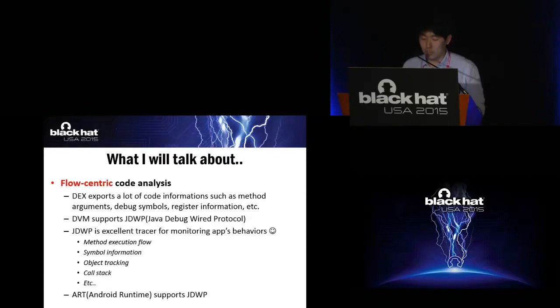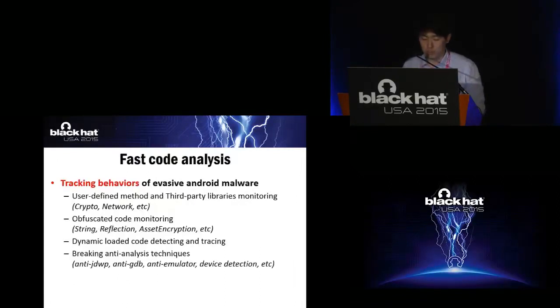With JDWP, you can get simple information, track class objects, get the code stack, and get the method execution flow. So we can know various details about execution information dynamically, and even the Android runtime in Android Lollipop also supports JDWP. And also we can trace execution of user-defined methods and various third-party libraries such as custom cryptography and custom network.